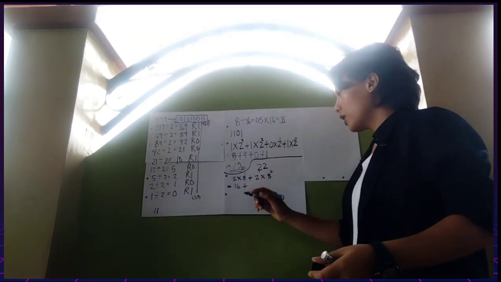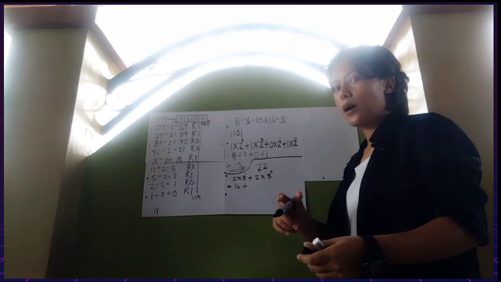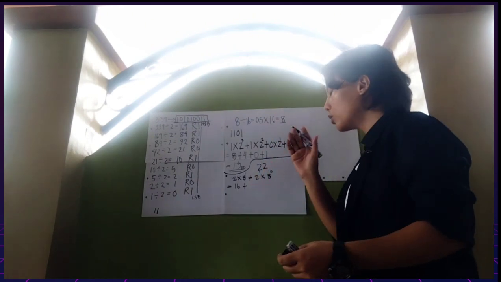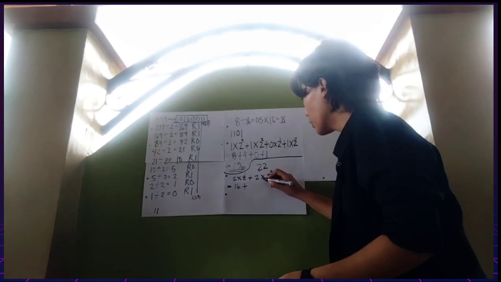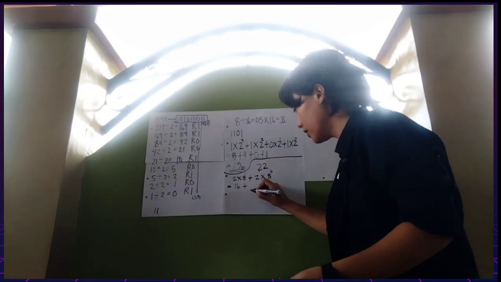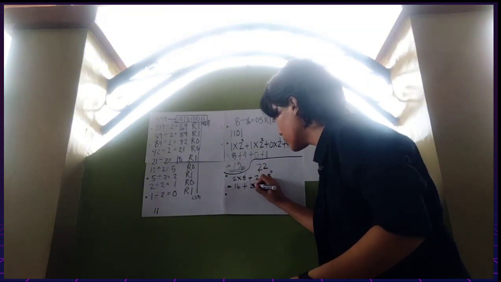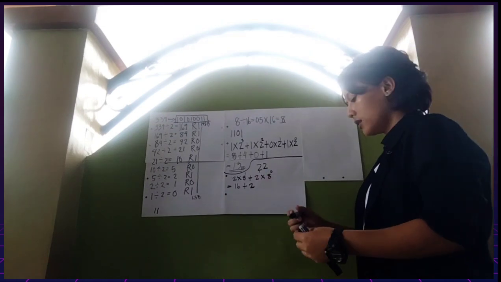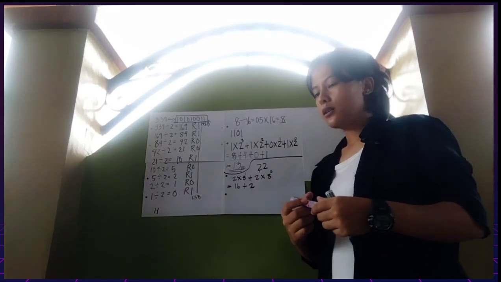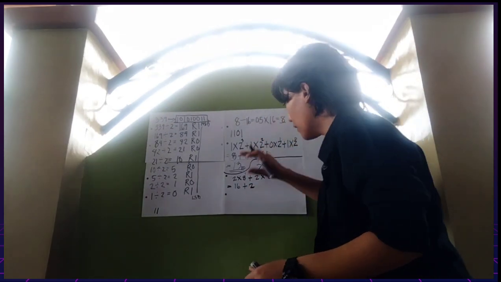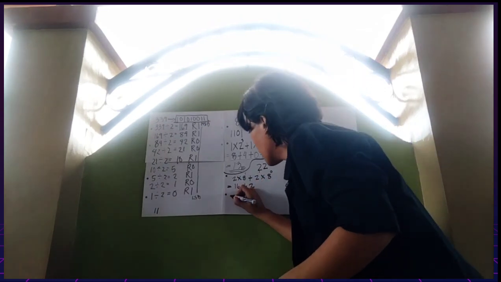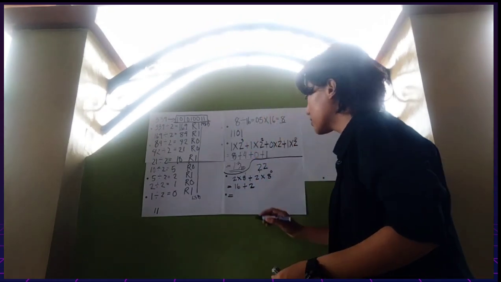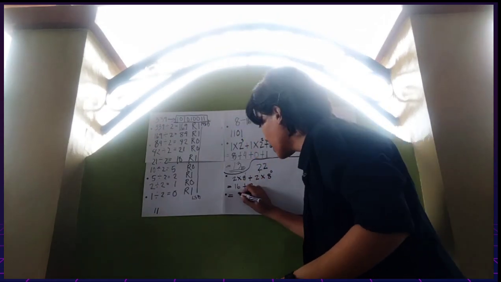is that if the base has a power of 0, we don't need to multiply it. So the 2 here is still 2. Nothing changed. So that's how we compute the given number. So after we multiply, let's add them together. So 16 plus 2 is equal to 18.